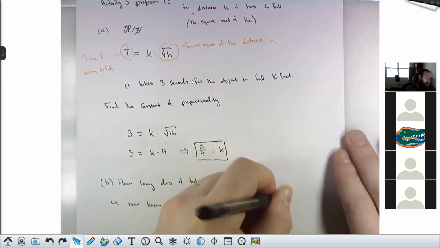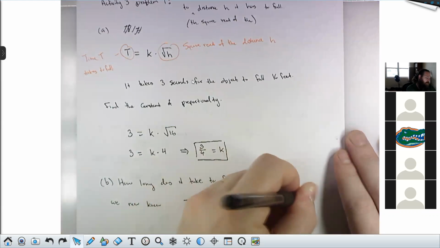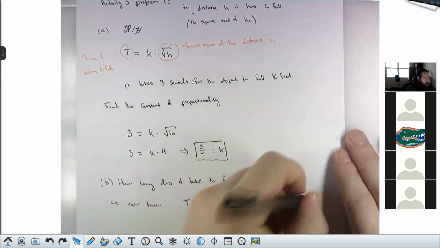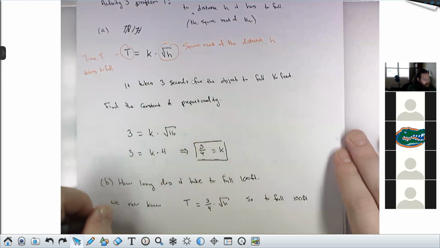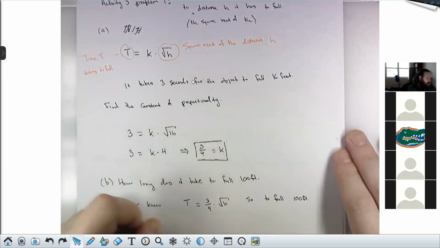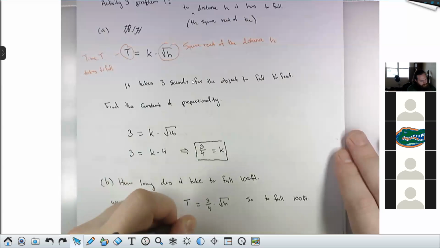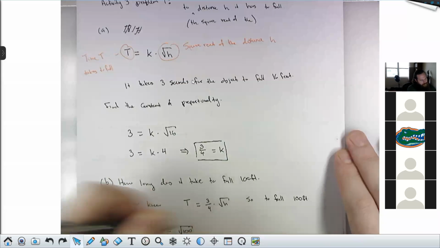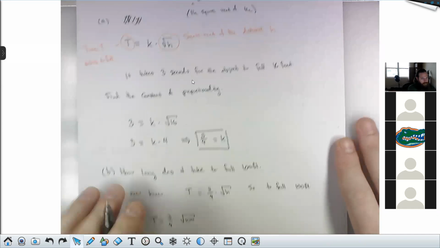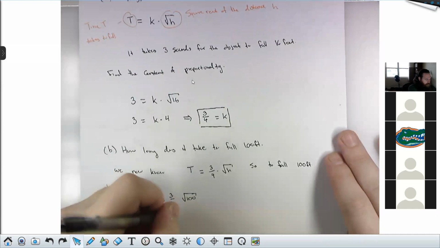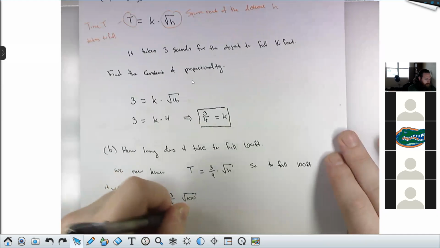So to fall 100 feet, it will take t equals 3/4 times the square root of 100, which is 3/4 times 10.